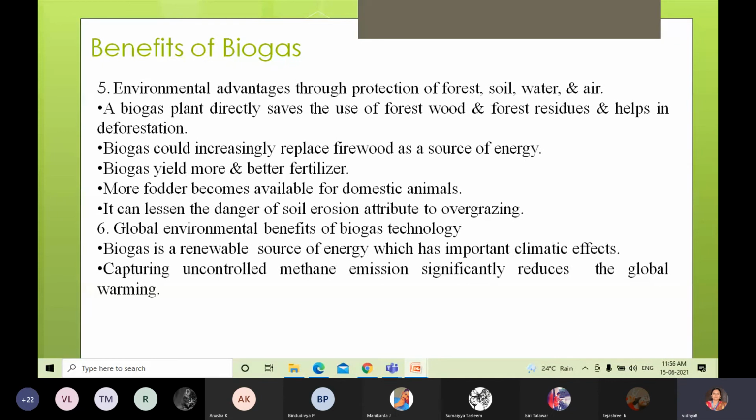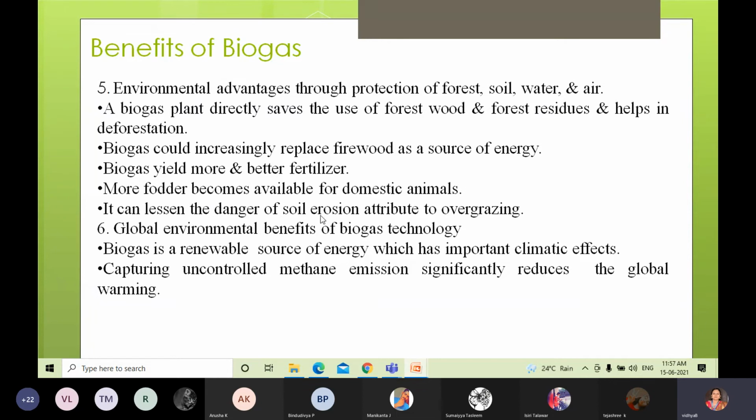Next, environmental advantages through protection of forest, soil, water and air. A biogas plant directly saves the use of forest wood and forest residues and helps reduce deforestation. Biogas could increasingly replace firewood as a source of energy. Biogas yields more and better fertilizer. More fodder becomes available for domestic animals.